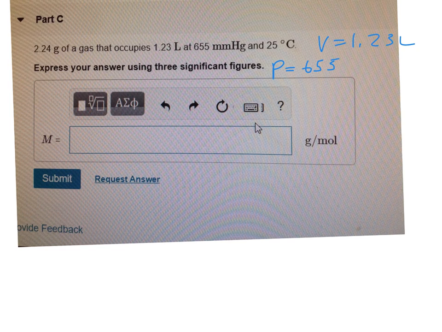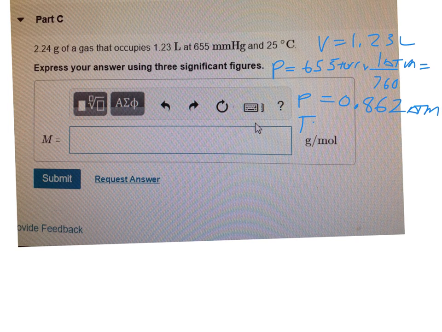So 655 torr times 1 atm per 760 torr. And that gives us a pressure that we're going to use of 655 divided by 760 equals 0.862 atm.